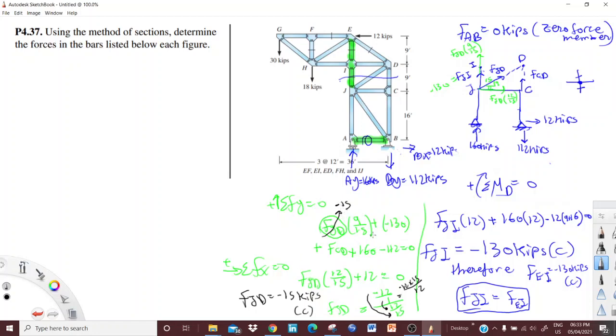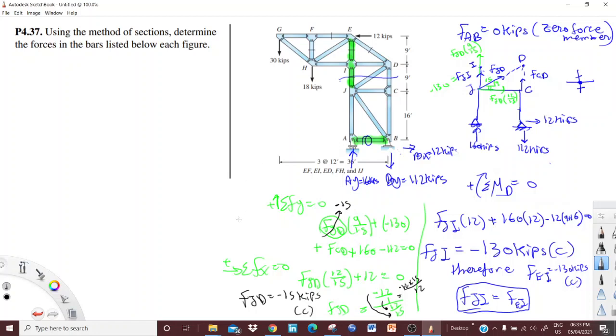So let's try to solve. Negative 15 times 9 over 15 plus negative 130 plus 160 minus 112.